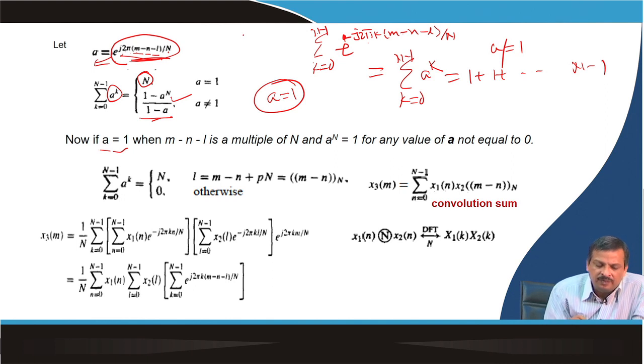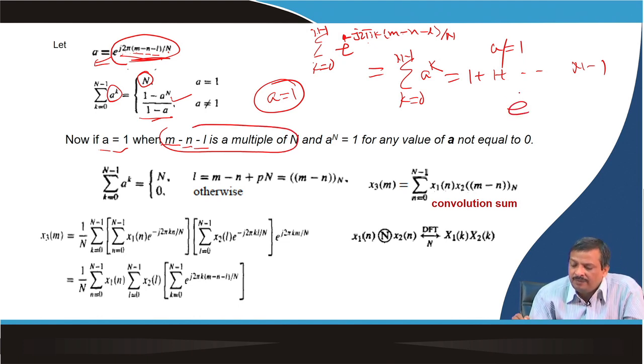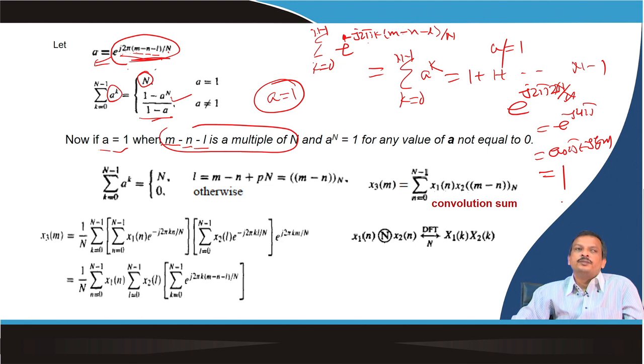So, if I say m minus n minus l is an integer multiple of n, so e to the power, let us say j 2 pi 2n by n is nothing but e to the power j 4 pi, which is nothing but cos 4 pi plus j sin 4 pi, which is nothing but 1. So, a will be 1 when this m minus n minus l is an integer multiple of n.